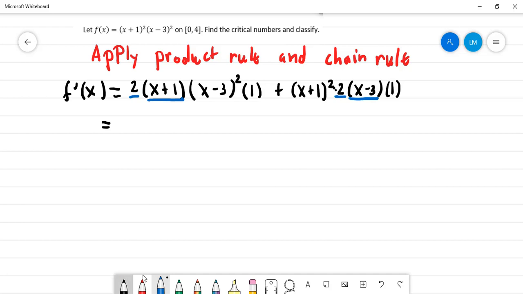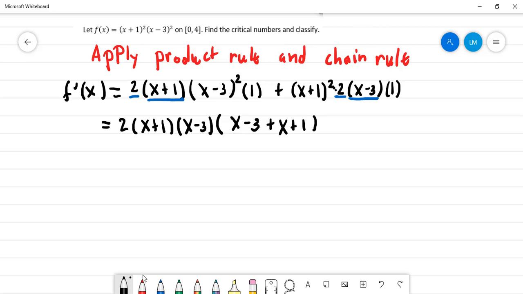So that's going to be 2 times x plus 1 multiplied by x minus 3 multiplied by what gets left behind in the parentheses: an x minus 3 by itself, and then since you took out an x plus 1, x plus 1 gets left behind in the parentheses.